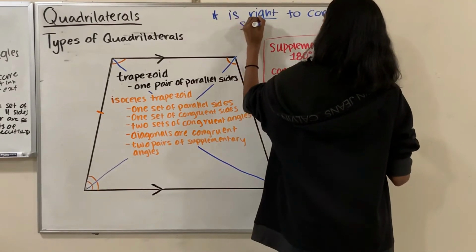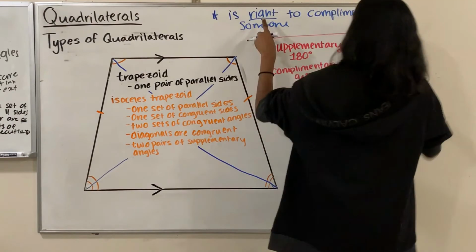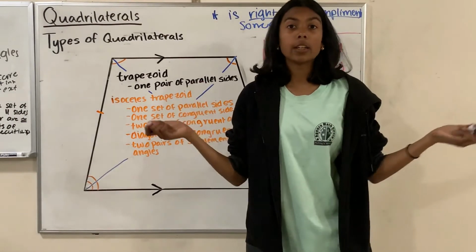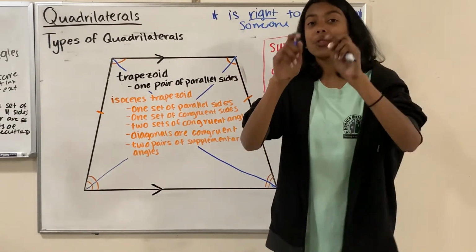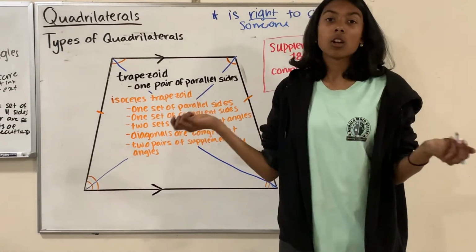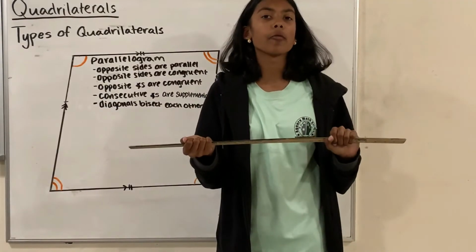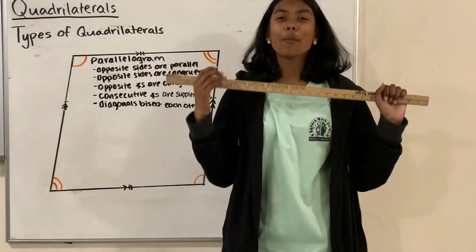Right compliment. Right angles, remember, 90 degrees. So it is right to compliment someone. Compliment, 90 degrees.